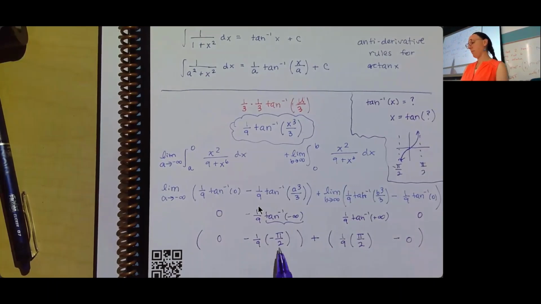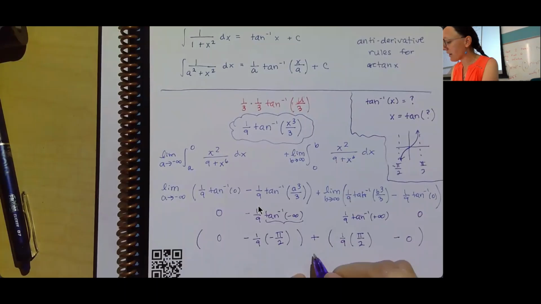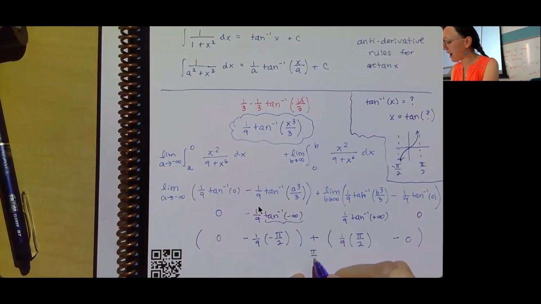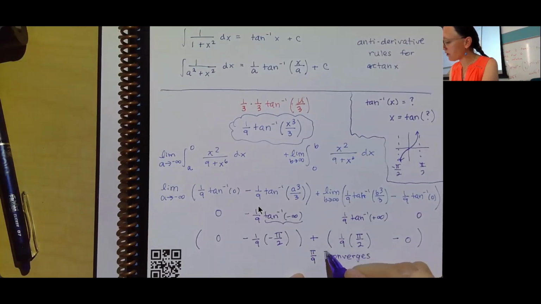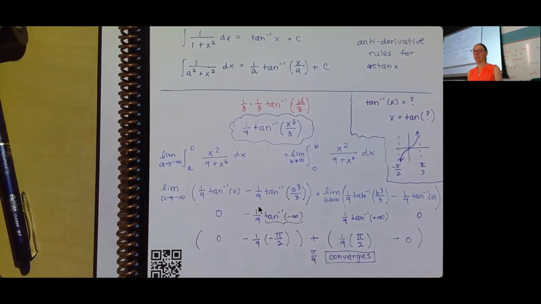So I've got pi over 18 plus another pi over 18. So I think my final answer here is pi over 9. And I'm going to add in the word converges because we didn't get infinity.